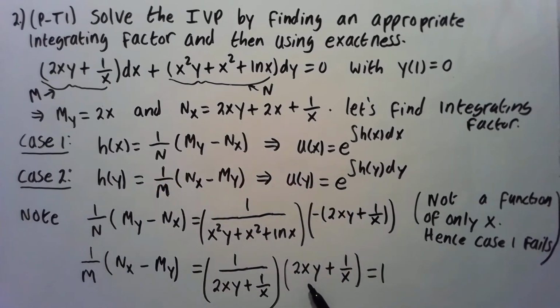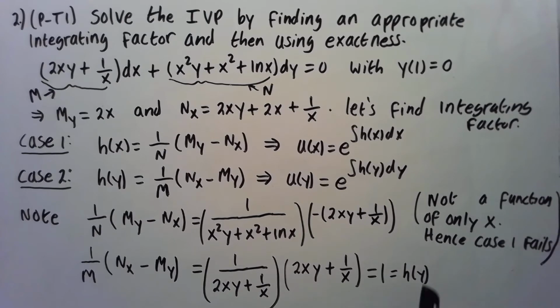It should be 2xy + 1/x. These are both the same now, so it's just going to become 1. And 1 you can think of as a function of x or y, so this is going to work. So our h(y) is equal to 1 here. We're going to think of it as a function of y.